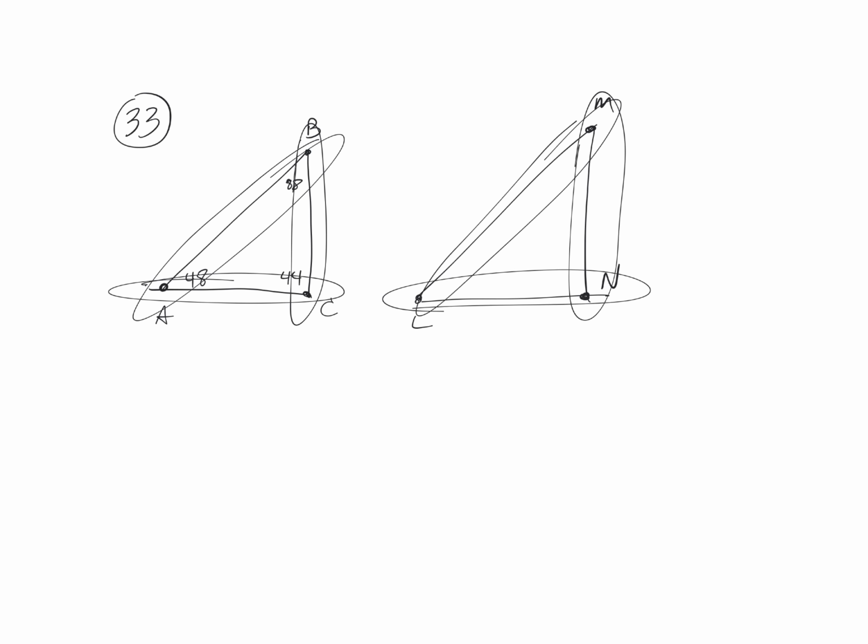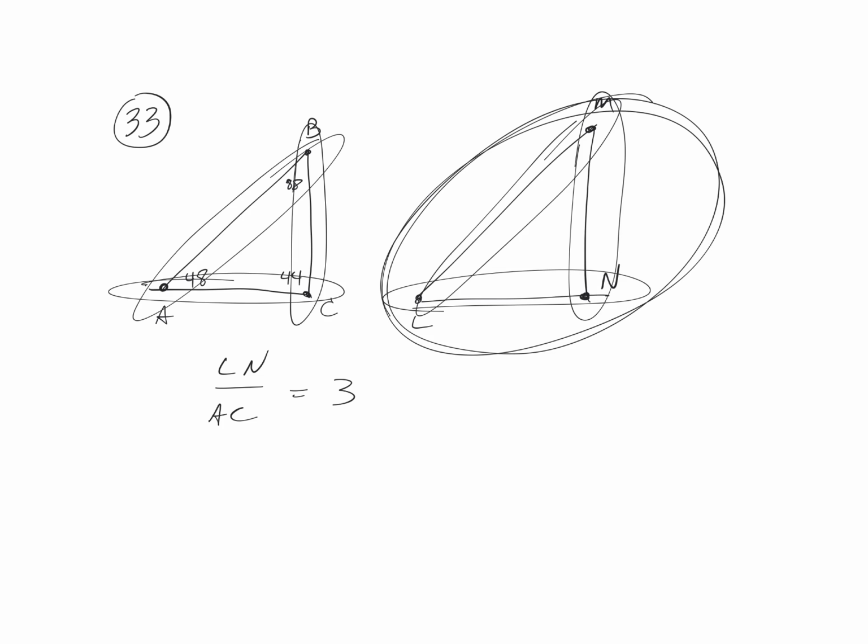Well, what that means is that, if I write LN to AC equals 3, that means that this triangle is 3 times bigger than the other triangle. But of course, what is the angle measure in degrees of angle L? Well, none of that really matters, it's just 48 degrees, because similar triangles always have the same angles. So the fact that the second triangle is larger does not change the fact that the angles are all the same.